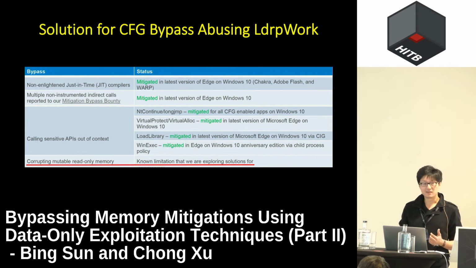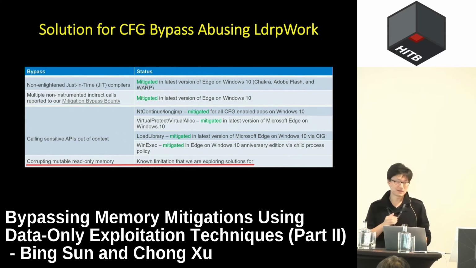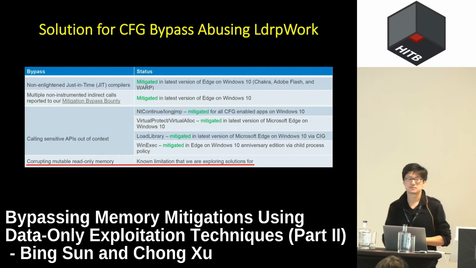So they know there could be a variety of methods which can be used to subvert the read-only memory. So instead of adding a point fix for each possible method, they're looking to address it in a more generic way. Maybe they're going to move ACG out of the sandbox process.